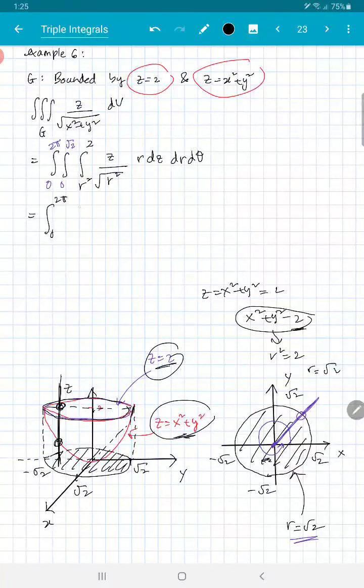0 to 2 pi, 0 to square root of 2, and remember we want to integrate with respect to z first. If we simplify the integrand, this is just z, because here we have r and here we have r dr d theta, and r over r is 1.